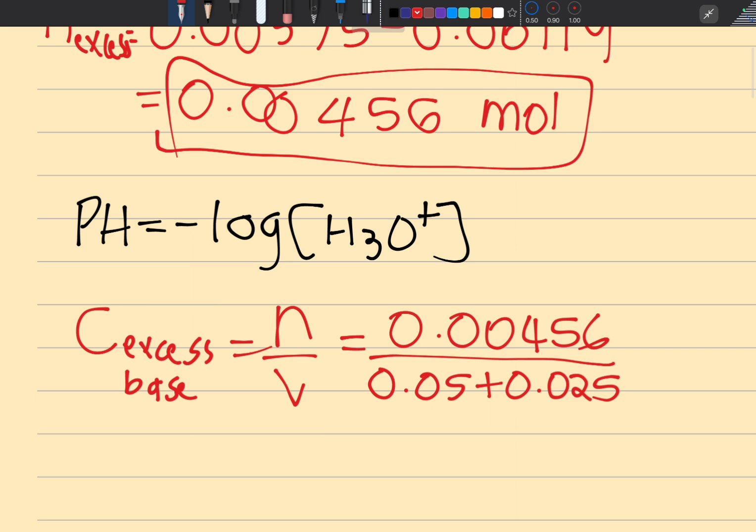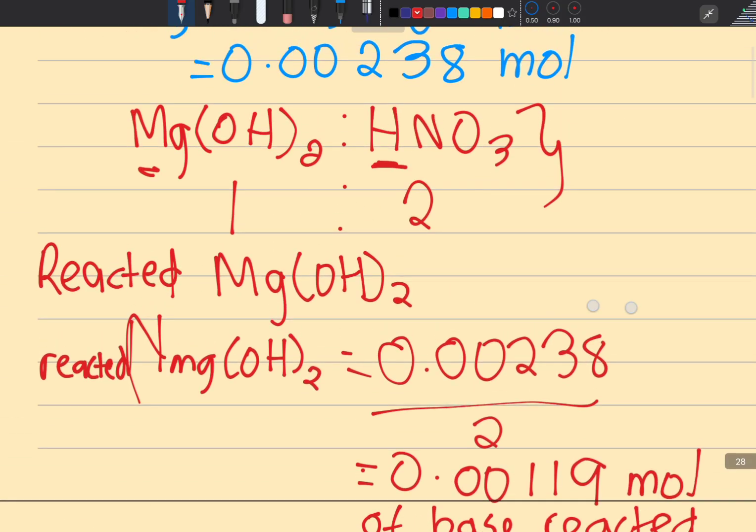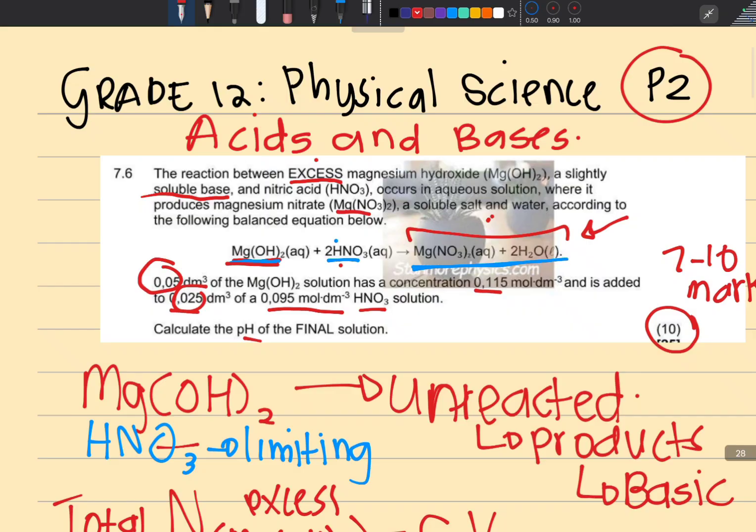The reason I'm adding these two volumes is because this is the excess base that is found in the products, and the products have resulted from when we reacted 0,025 volume of the acid and 0,05 volume of the base.